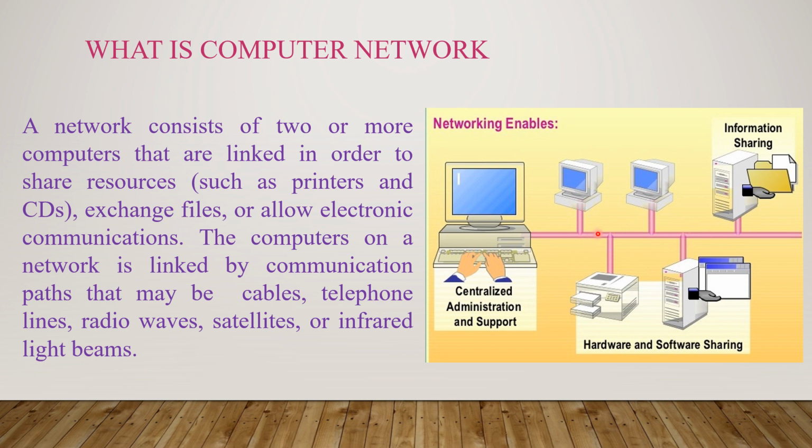This pink colored line is called communication path or communication channel. As we read, the communication path may be a cable, a telephone line, a radio wave, a satellite, or infrared light beam. We will read in detail about all these communication channels in our coming classes.